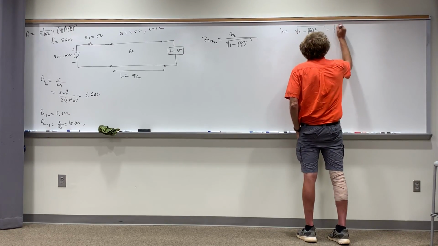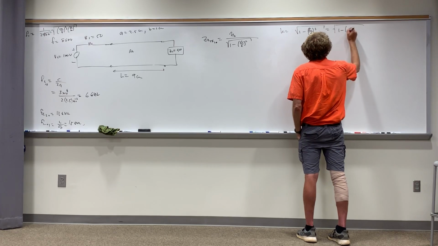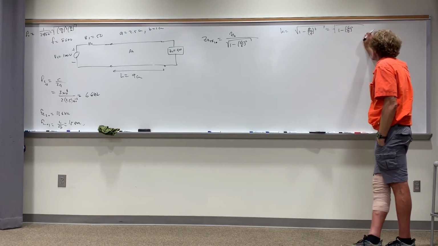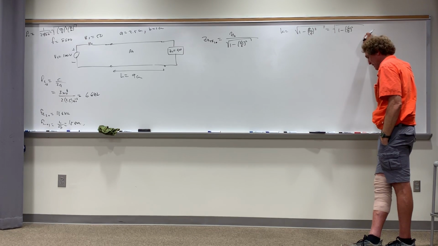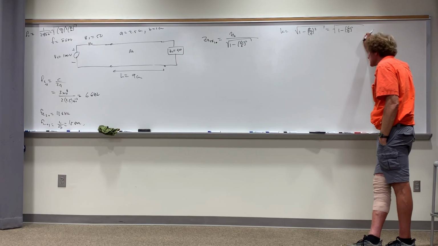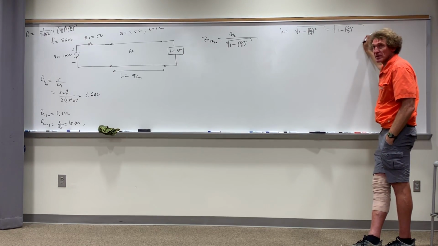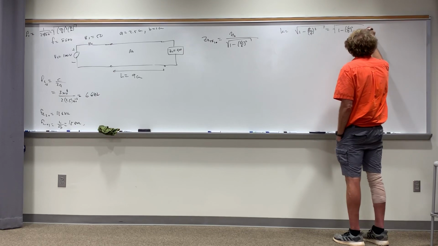So this is the square root of 1 minus 6/8 squared, or really 3/4 squared, which is 1 minus 9/16. So it's the square root of 7/16. What is that? That's 0.66.